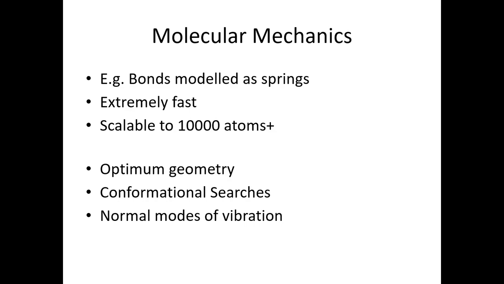And so if you model a molecule as a collection of springs, you can very quickly get to an energy value. So it's scalable to many atoms, so you can easily do these kinds of calculations on huge molecules such as proteins. Now, molecular mechanics calculations can't give you all properties of a molecule, but it's still extremely powerful.